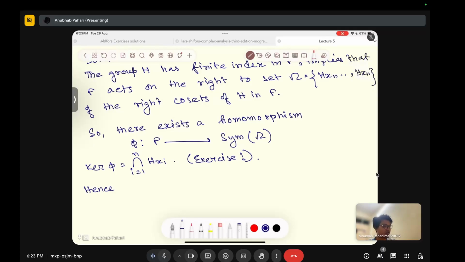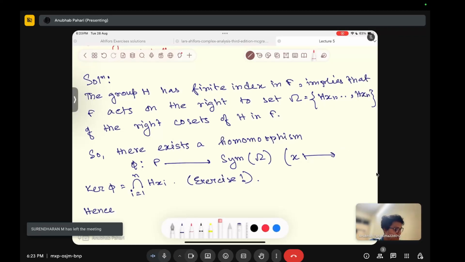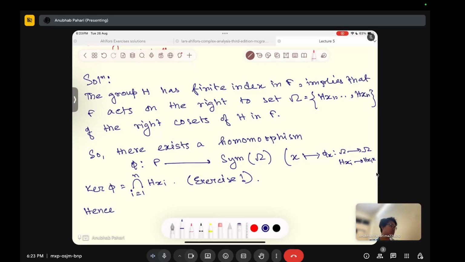what is the map here? So this is like the action map. If x is here, then let me write it properly. Phi of x acts on omega, so this would send Hxi to Hxi x or x inverse.